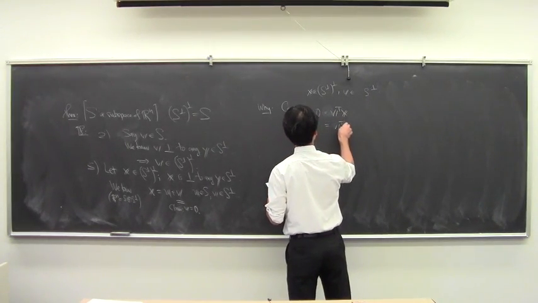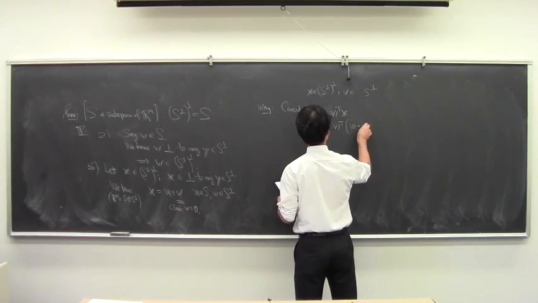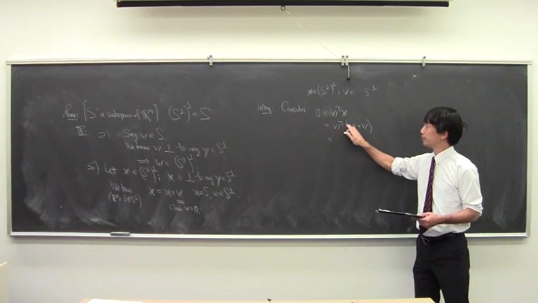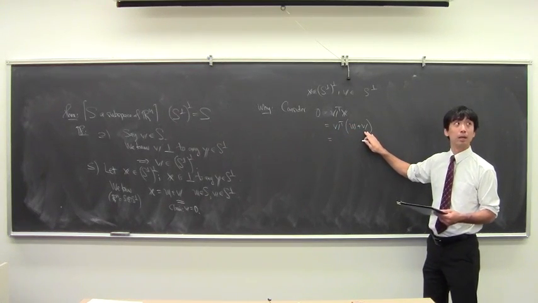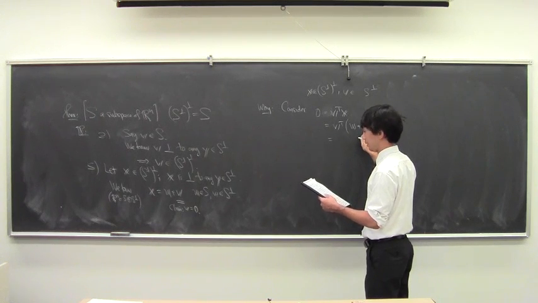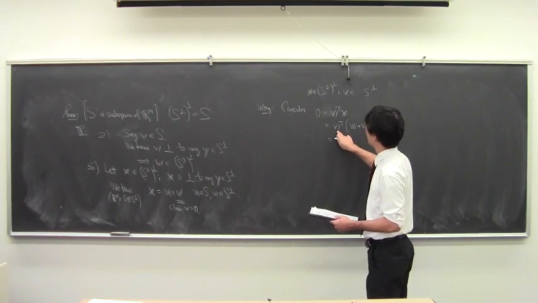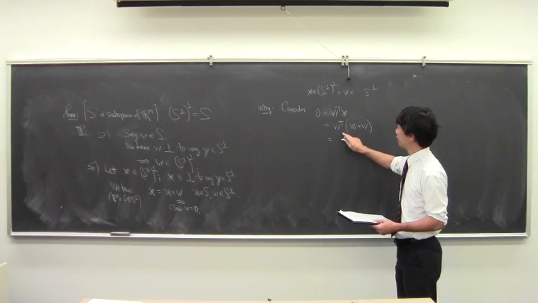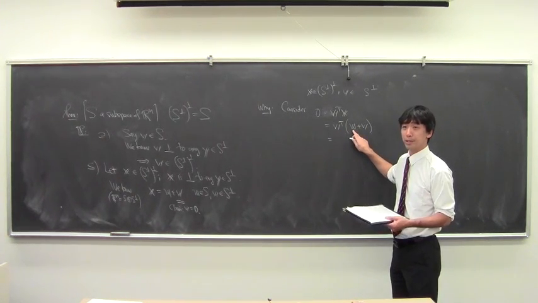That is the same thing as V transpose times U plus V, since X is U plus V. V is in S perp and U is in S, so the first product vanishes.